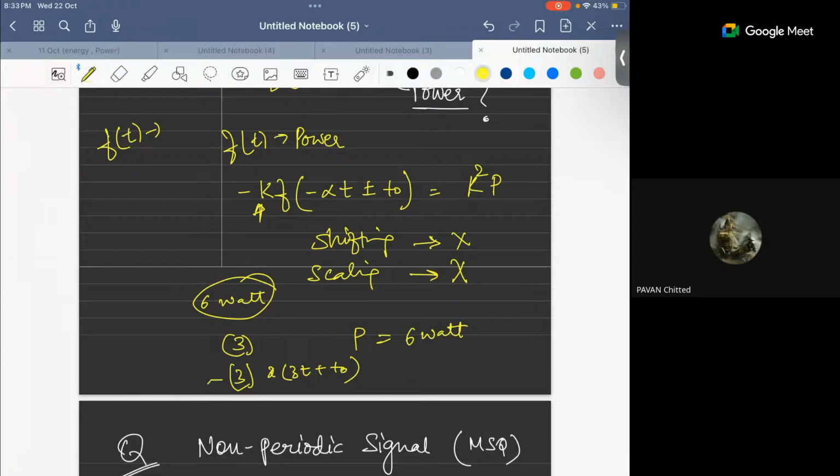I guess this is graded assignment question number 19. So this will be 3 square times 6, so 9 times 6, so 54 is correct. I have already told the team to correct the answer.